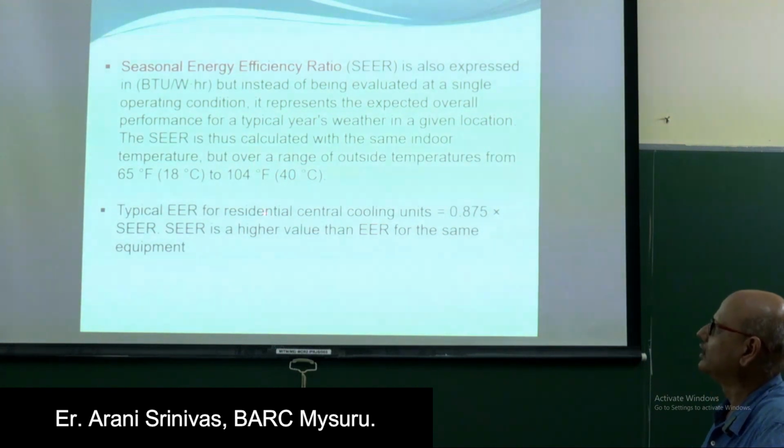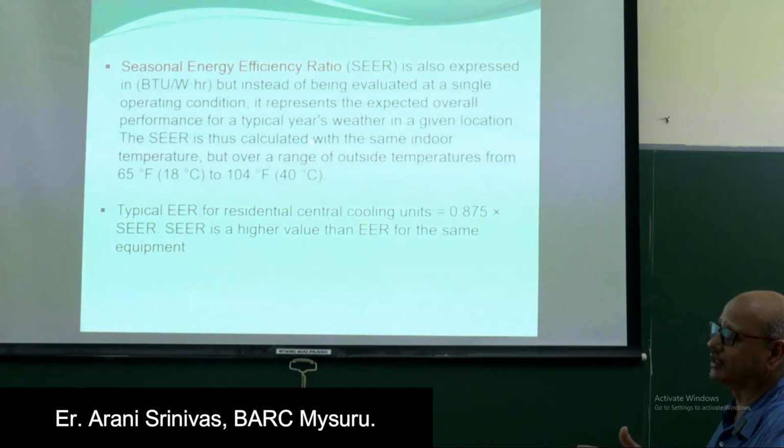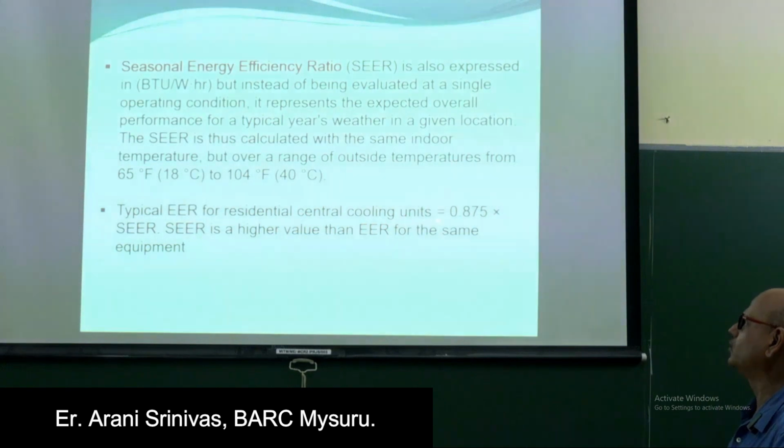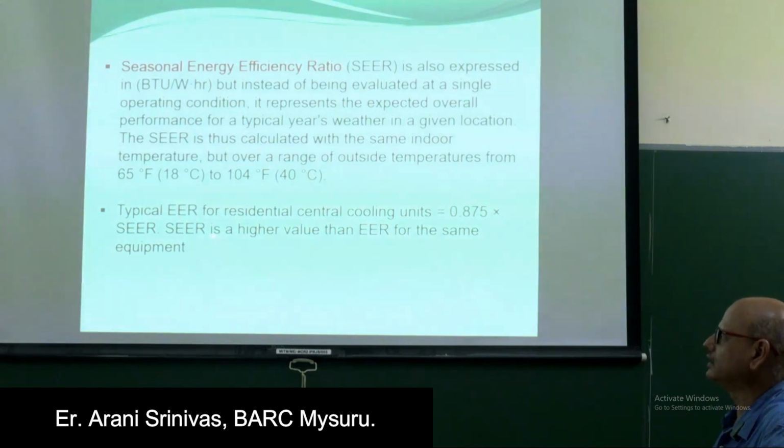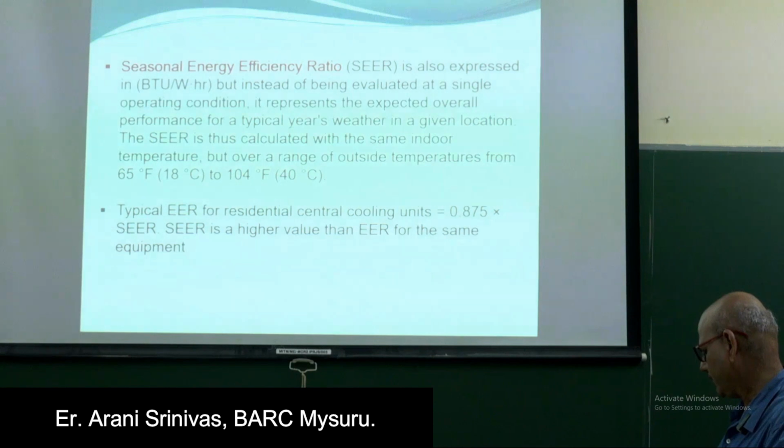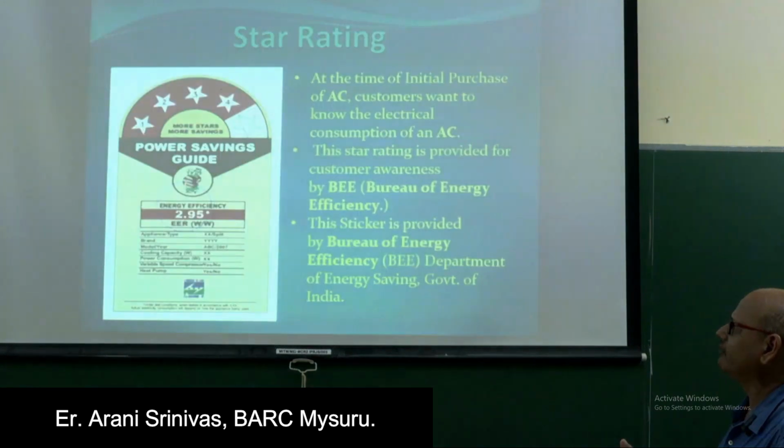So this is total; we will find it for all seasons. That's why now they say all weather. This is the all-seasonal energy efficiency ratio. Typical EER for a residential central cooling unit is 0.875 times SEER. SEER is a higher value than EER for the same equipment, because depending on the different season it will vary.